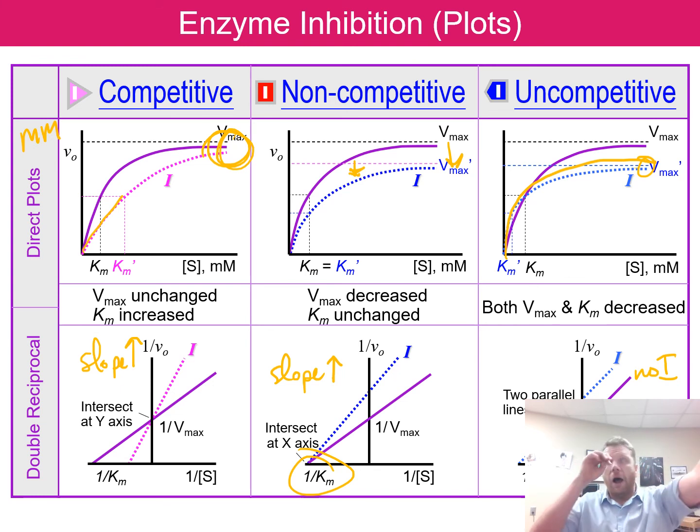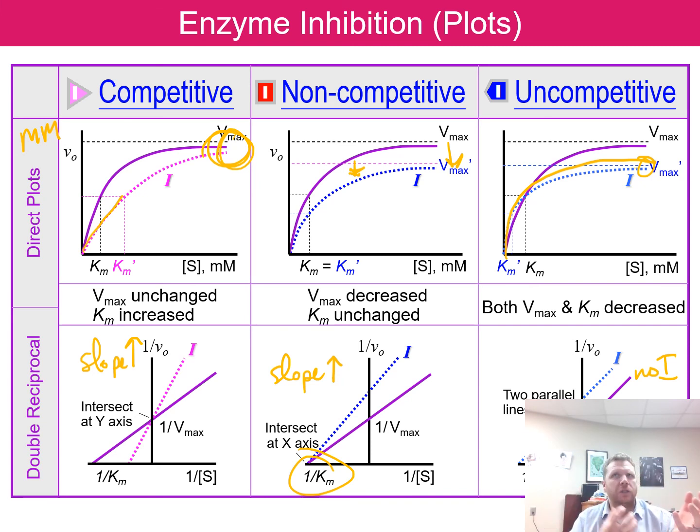So that's basically what you need to know about these different graphs. Understand how an inhibitor and an enzyme interact with one another in the presence or in the absence of a substrate. What's going to happen? What different models are formed in this ES and ESI complex? So I want you to understand how Km and Vmax change based on competitive, non-competitive, or uncompetitive inhibitors. I want you to also understand, what is the enzyme doing?